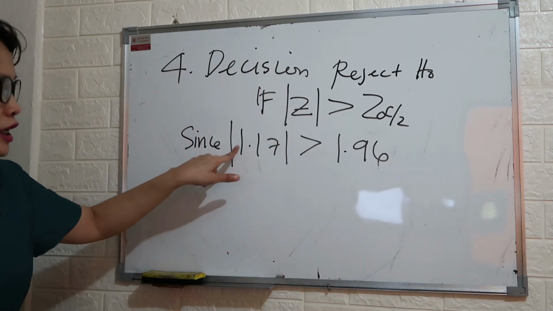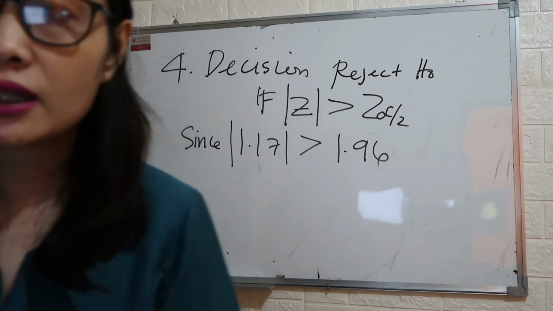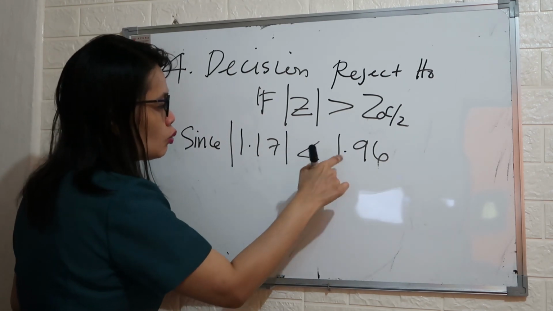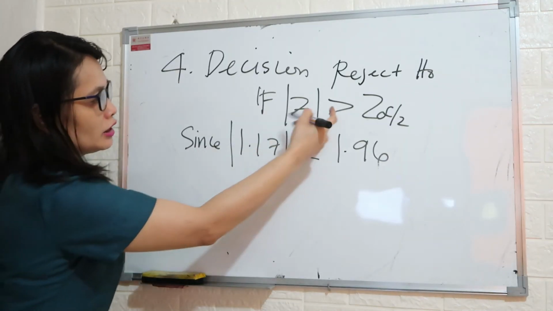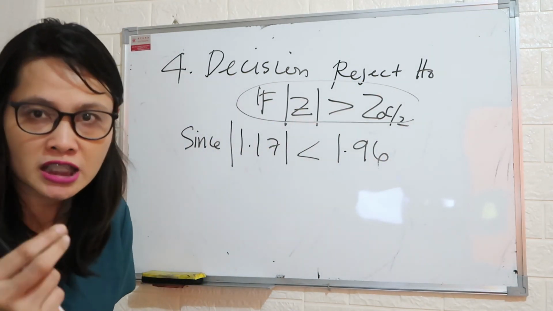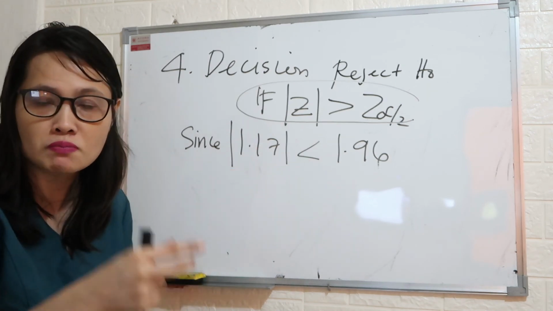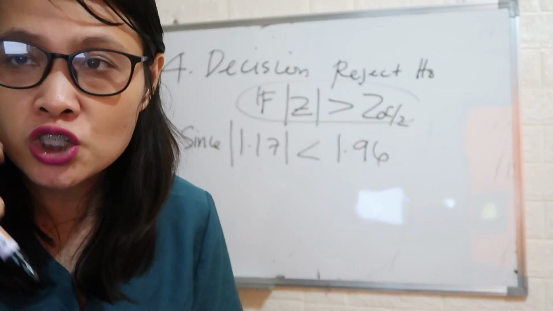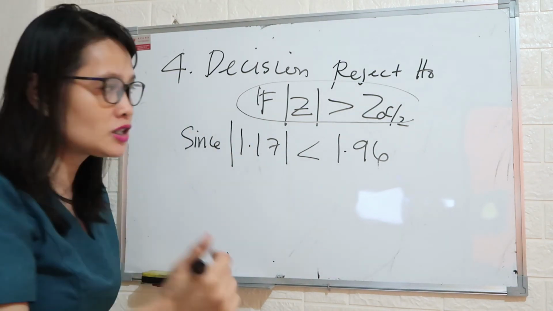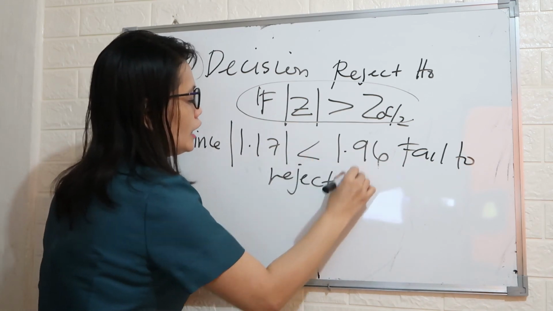No. So 1.17 is less than 1.96. This is the condition to reject H0, but your answer says 1.17 is less than 1.96, so we cannot reject H0 because it is contradicting. So fail to reject H0.